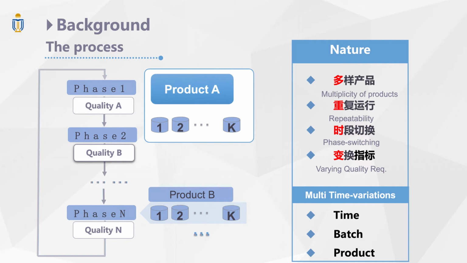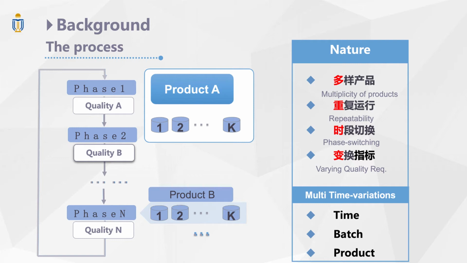For process control, we know there are time variations, but I have created a new name, so-called multi-time variations. And this reflects the characteristics of batch process very well, because the dynamics or characteristics change along time for a batch process.